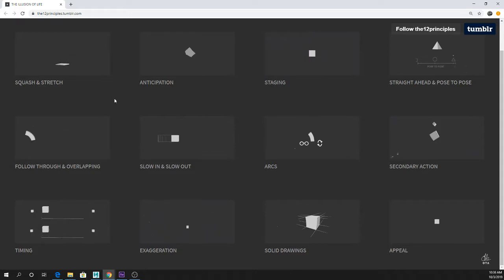Obviously your feet are going in a circle, but your knees kind of follow that, and even the rest of the motion of your body. If you've seen diagrams of how bodies move when running or doing other motions, very rarely does any one thing stay in a specific spot. It'll move back and forth with the rest of your body. So arcs are a really big one for me personally.